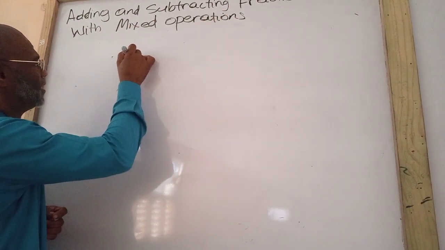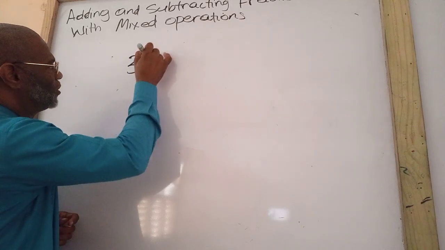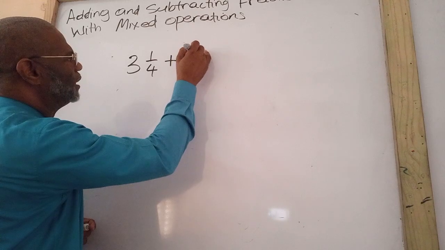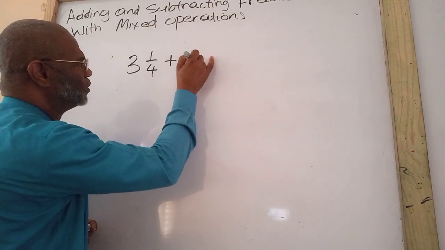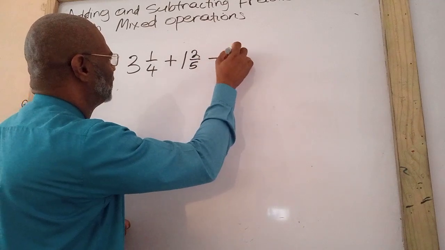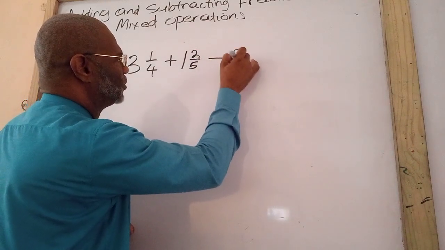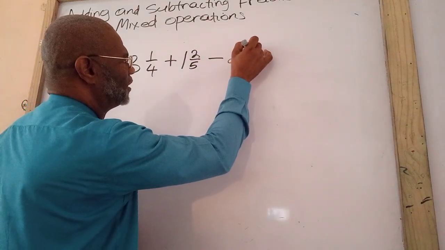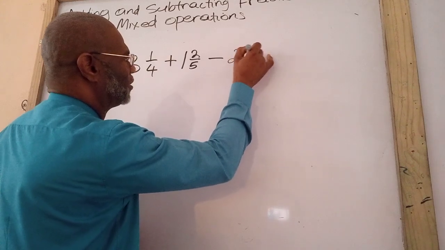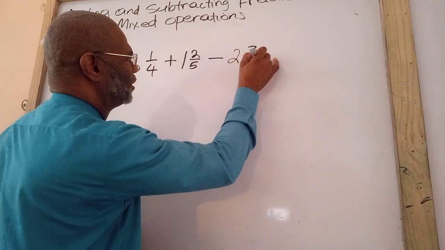So we have 3 and a quarter plus 1 and 2/5 minus 2 and 3/4.